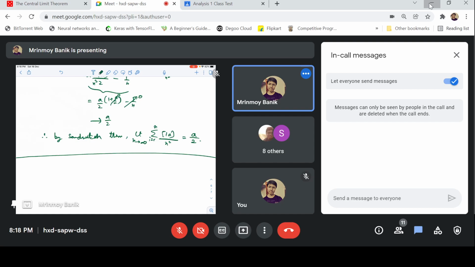And what are these delta n? These delta n are 1 by n, right?